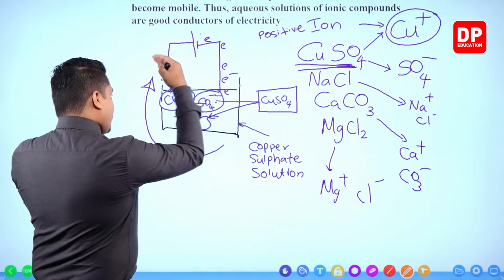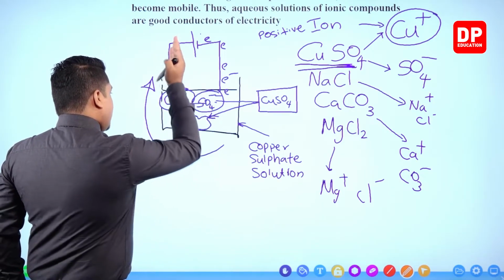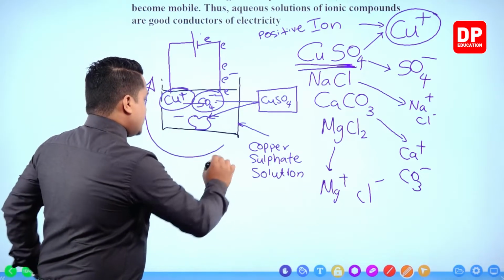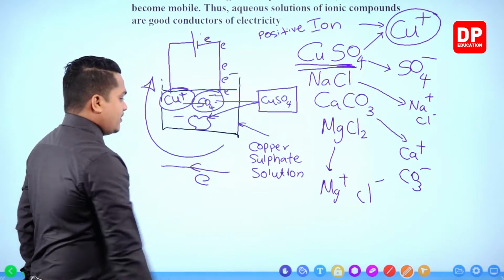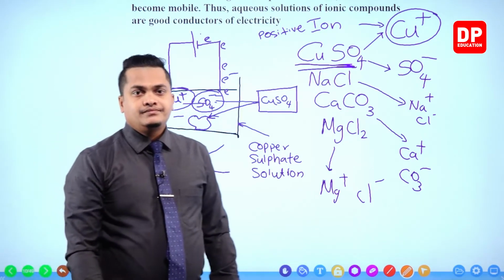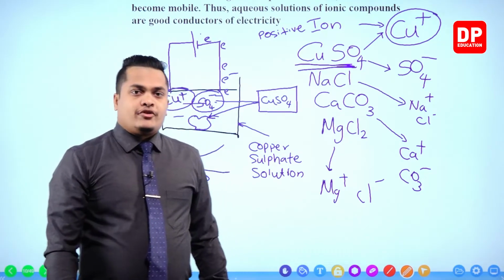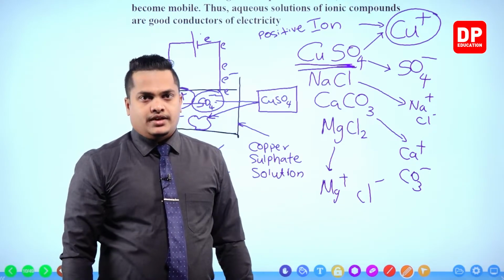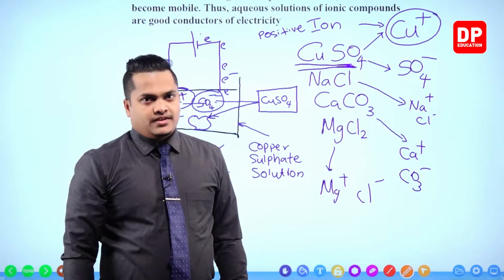So automatically it will travel to the positive terminal, my dear children, and through the solution, a beam of electrons will travel for sure. If a beam of electrons is traveling through a solution or any kind of substance, definitely electricity is passing.